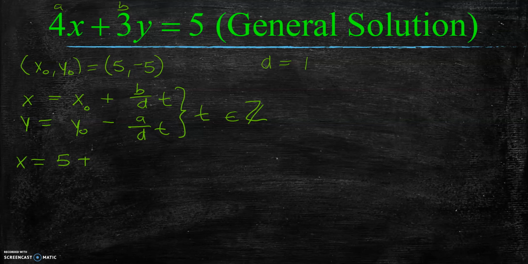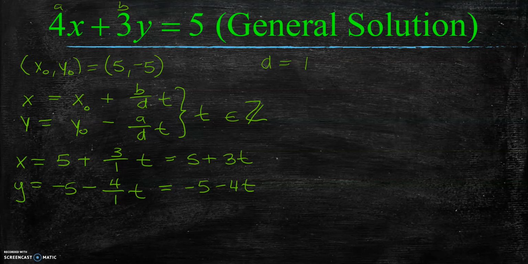So 5 plus b over GCD 1 times an integer is going to give us our solution, but we can clean that up some to say that x equals 5 plus 3t. And y is going to be negative 5 minus a, which was 4, over GCD 1 times t, which cleans up to negative 5 minus 4t.